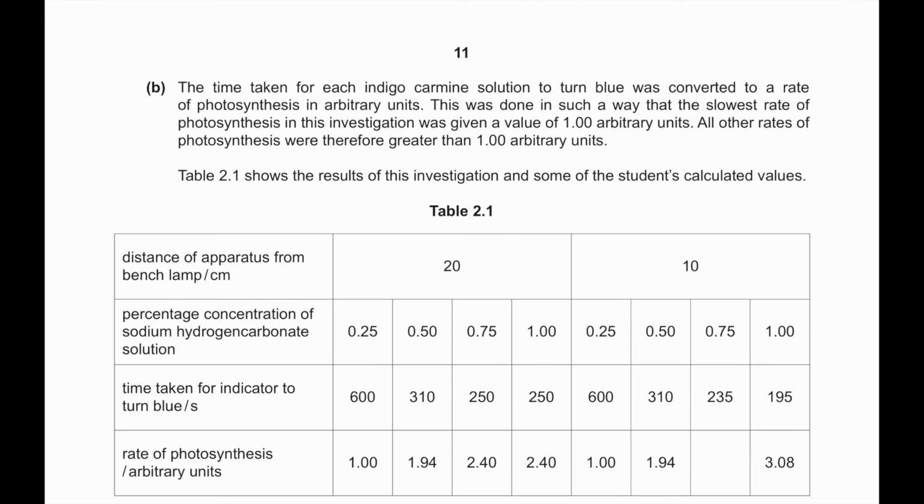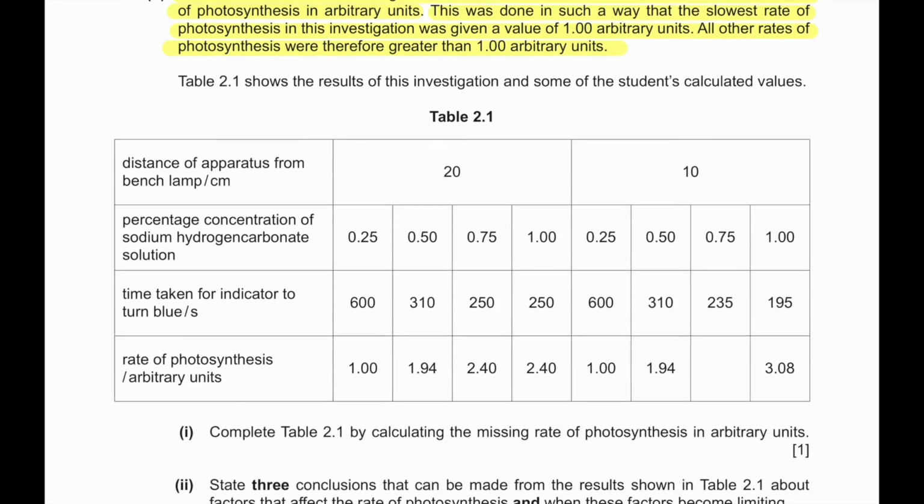Part B. The time taken for each indigo carmine solution to turn blue was converted to a rate of photosynthesis in arbitrary units. This was done in such a way that the slowest rate of photosynthesis in this investigation was given a value of 1 arbitrary unit, and all other rates of photosynthesis were therefore greater than 1 arbitrary unit.